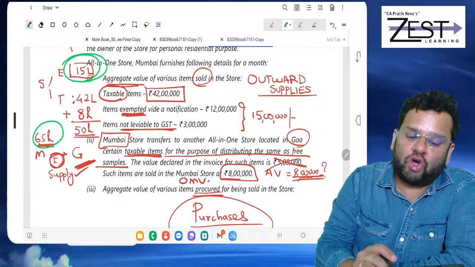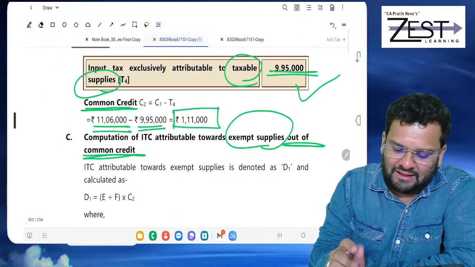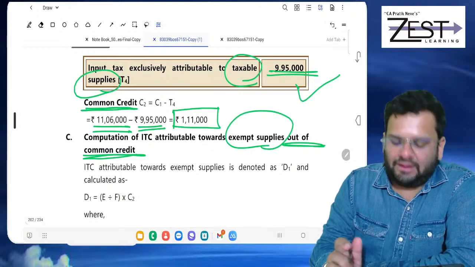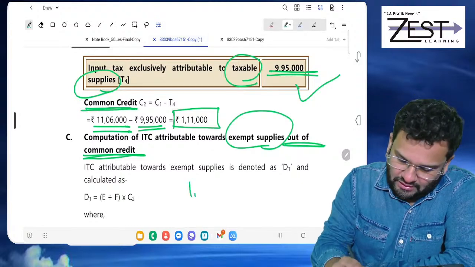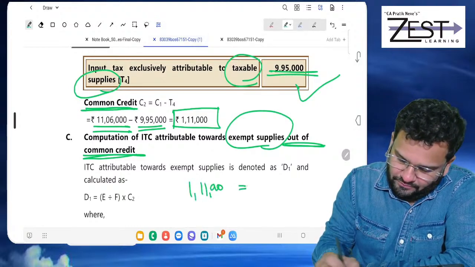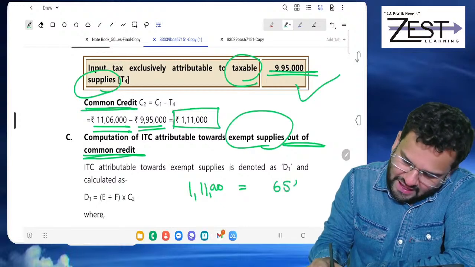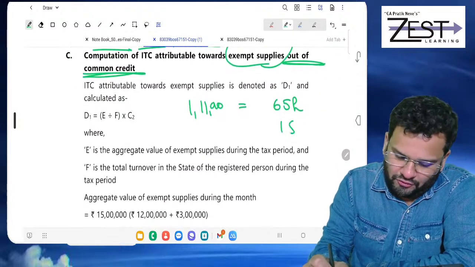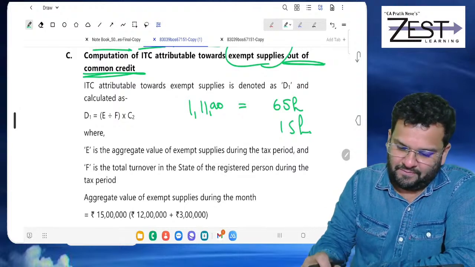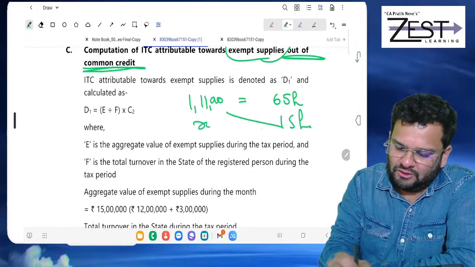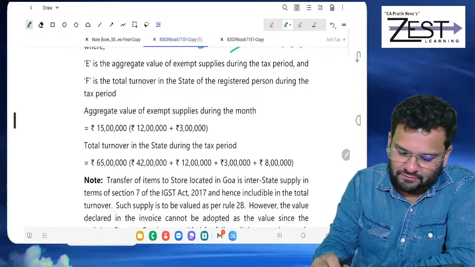So whatever is your common credit, 1 lakh 11,000, that 1 lakh 11,000 is for 65 lakhs. So how much for 15 lakhs? Are you getting it?